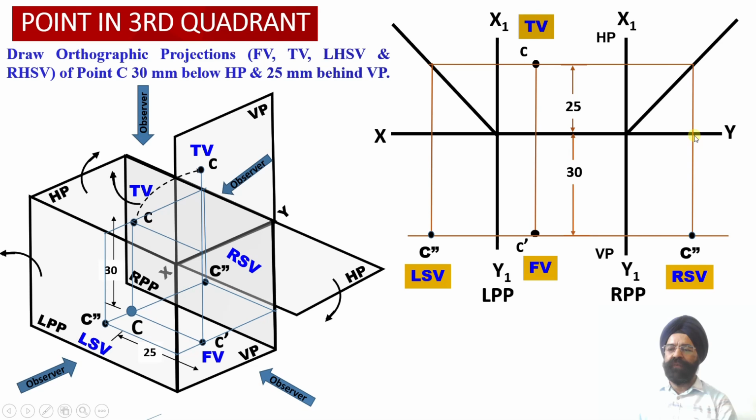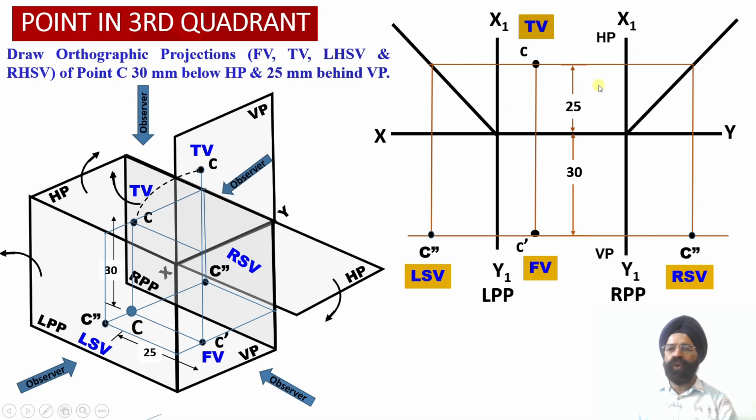And once again we can validate this point C double dash. It happens to lie at a distance of 30 millimeter below the XY reference line and 25 millimeter behind the vertical plane in the right-hand side view profile plane. So this way the front view orthographic projection of this point has been obtained below the XY reference line.